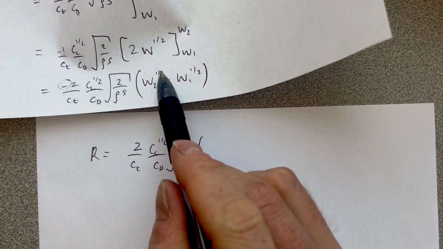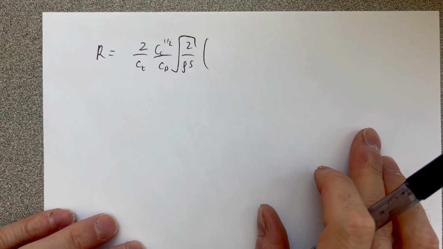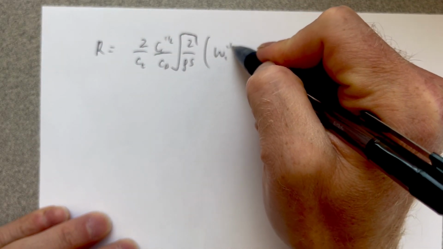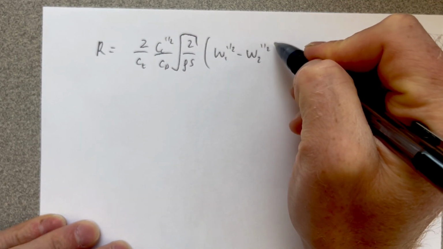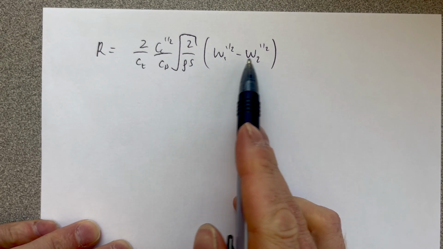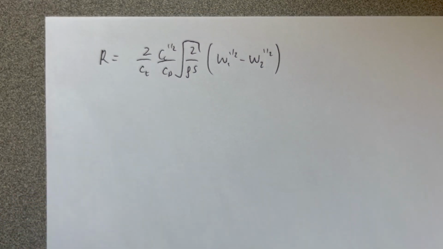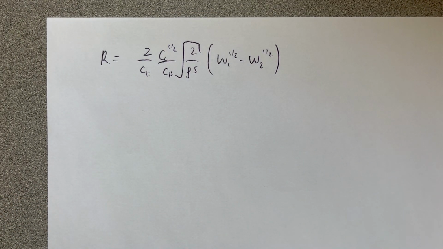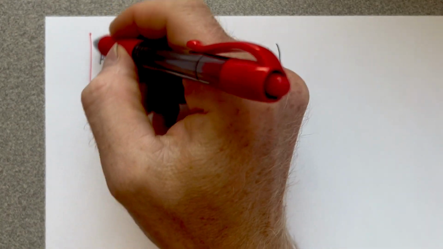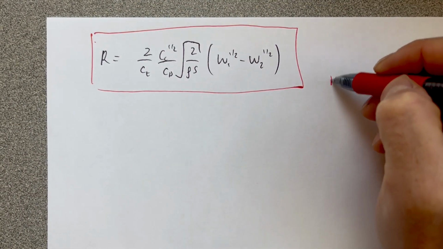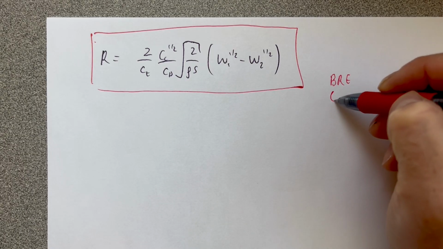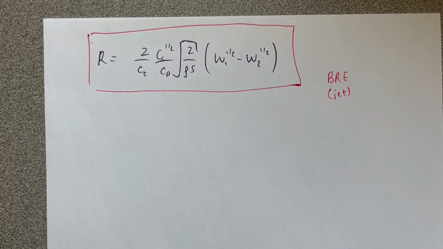So pushing this negative inside of here, w1 to the half minus w2 to the half, or the square root of w1 minus the square root of w2. And that there is the Breguet range equation for jet-powered airplanes specifically.